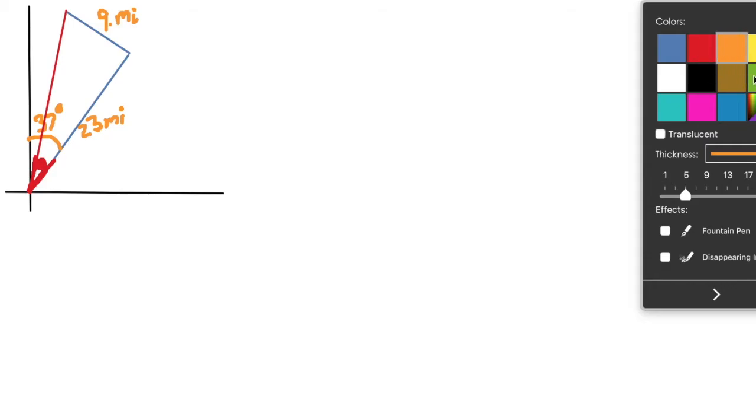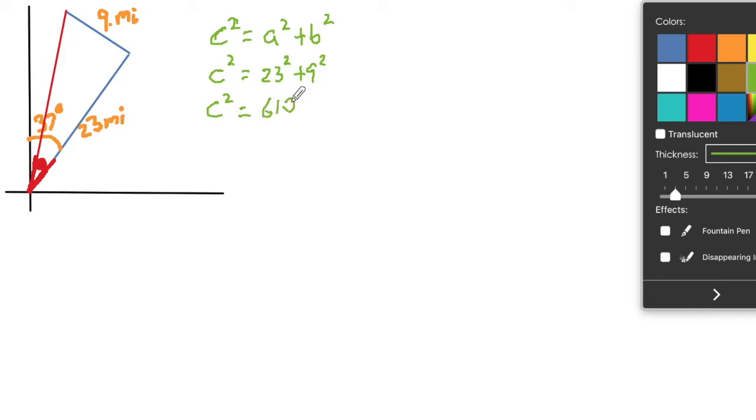Green. All right. So if we're going to go for the measure of that side, it's going to be c squared equals a squared plus b squared. When we plug in our numbers, the hypotenuse c squared is equal to 23 squared plus 9 squared, 610.